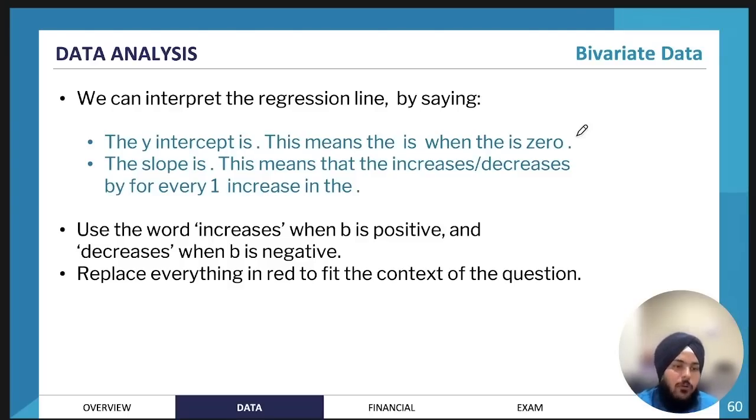So having a really good structure when you're describing the slope or the y-intercept is really important, because otherwise you'll get confused in the actual exam and you won't know what to write. So having a really solid model structure of how to phrase your response will be really important.